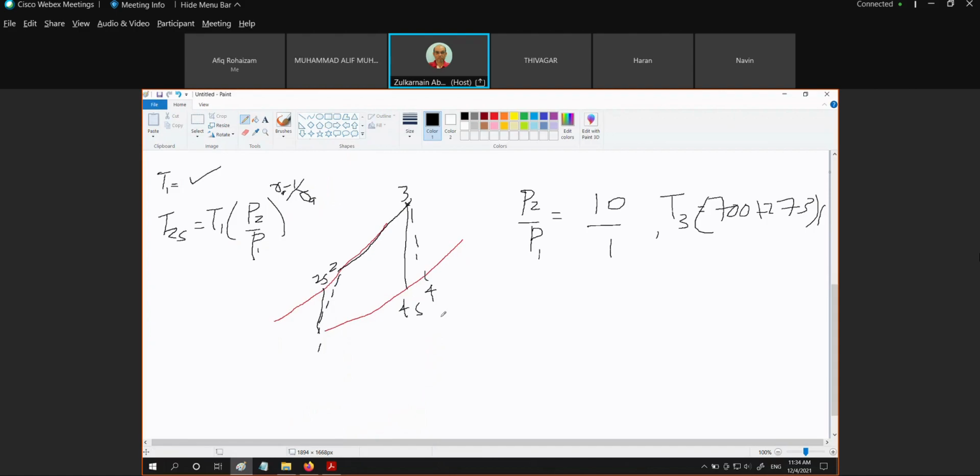And then after that, we are going to use the equation of isentropic efficiency for the compressor, which is equal to T2S minus T1 divided by T2 minus T1. And from here, we will solve for the T2. And then the T3 is given.